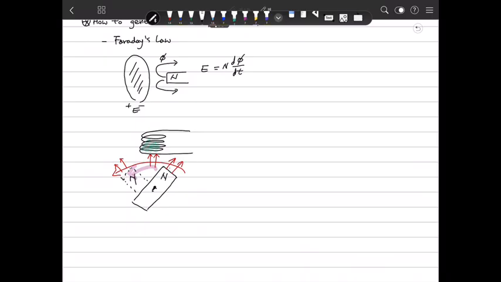So we define this point as A and A prime. So the voltage is induced by flux linkage.